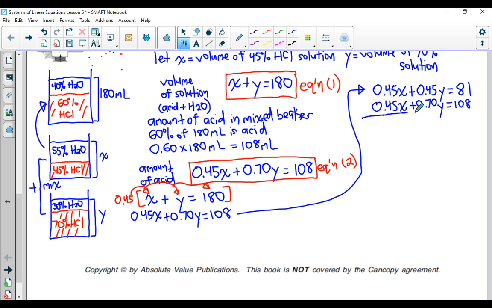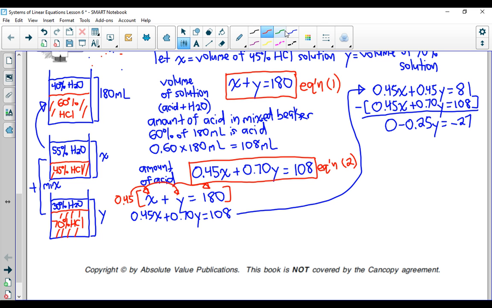To eliminate x, we're going to subtract these two equations. So 0.45x minus 0.45x would be 0. And then you'd have 0.45 minus 0.70, which is going to be a negative number, so that would be negative 0.25y. And then 81 minus 108 is also a negative number, which is negative 27.